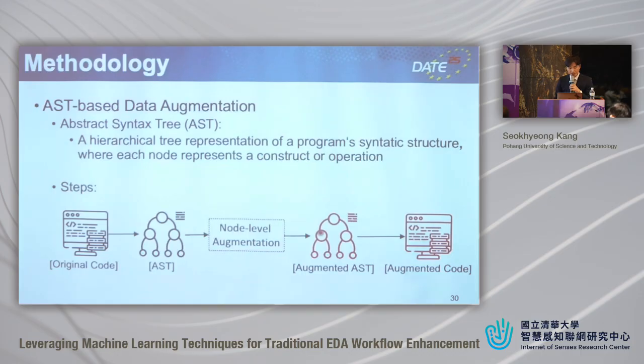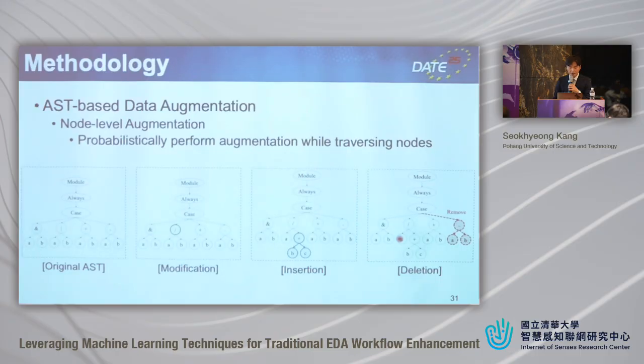Using the AST, we can convert the original HDL code to an AST, and we can modify this AST, the tree graph, to an augmented AST, and from this augmented AST, we can convert back to Verilog code. This slide shows more details.